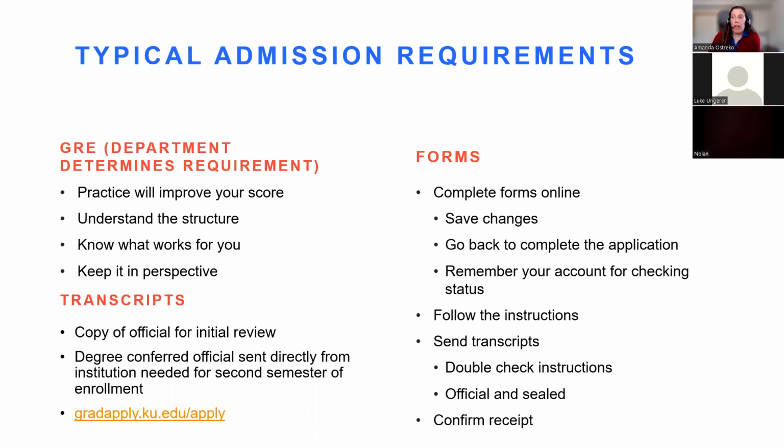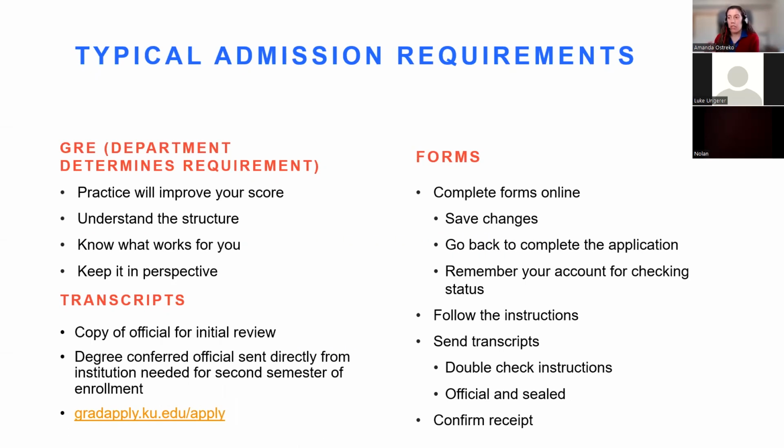We will need at some point at KU the final official copy sent directly from the institution for that applicant if they're admitted. And so we give students some time, one semester, to provide that. So anyone who is admitted, they do have that first semester to have their institution directly send that final official transcript that has degree conferral on it.